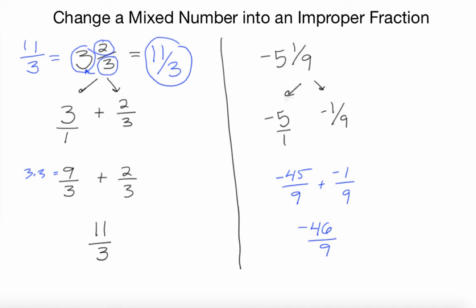And if I use the short algorithm way, 9 times -5 is -45, plus 1 more is -46 over 9. All right, so hopefully that's a couple of good examples of taking a mixed number and turning it into an improper fraction.